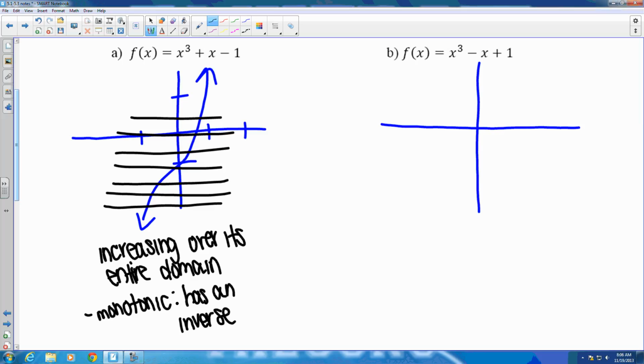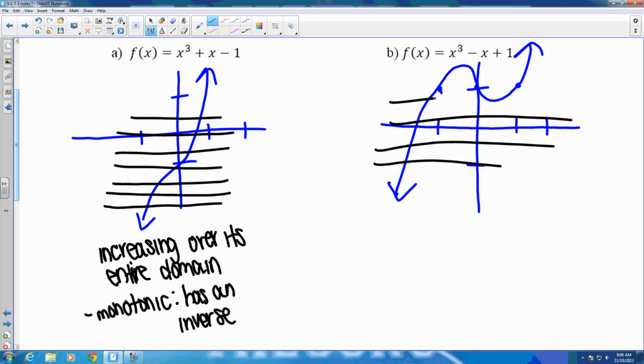Okay, let's do the other one. Okay, not exactly like that, but it looks very similar. Horizontal line test.